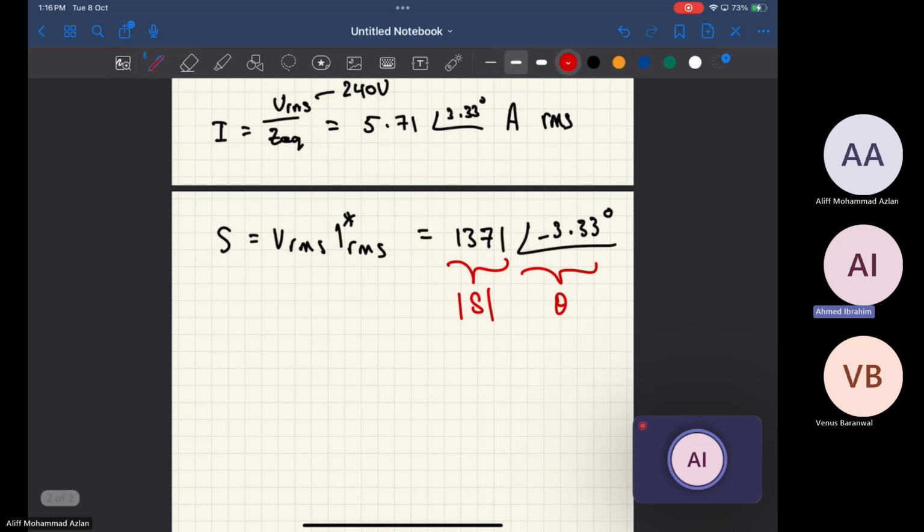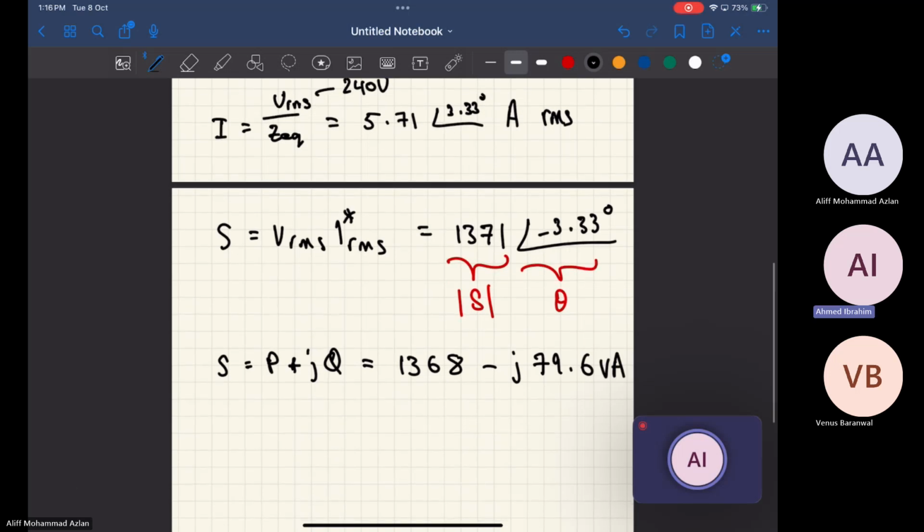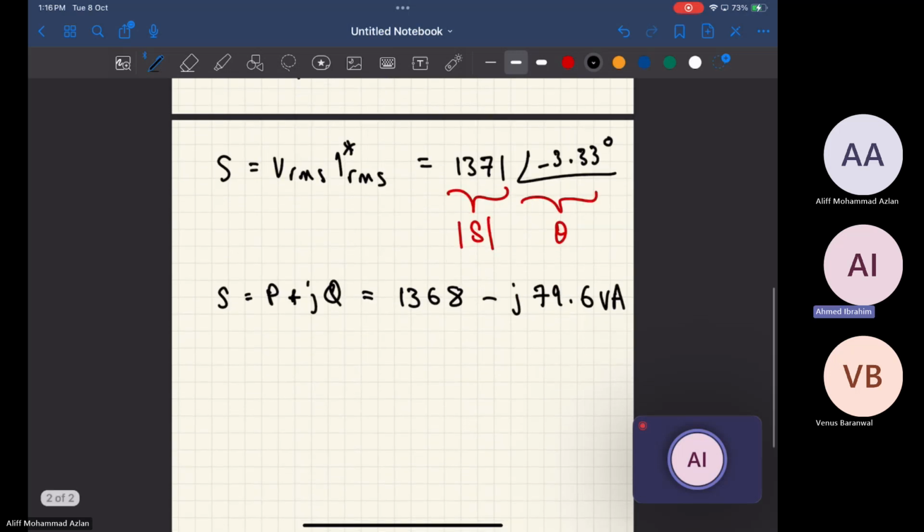Another form of writing S is P plus jQ, so just in Cartesian form. And if we convert that magnitude phase to Cartesian form, we get 1368 minus j79.6. And the units for S is volt amperes. So now the real part is the power, and the imaginary part is the reactive power. So we've got average power and reactive power, which is everything the question is asking for.